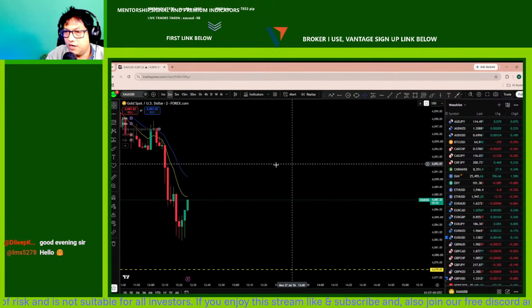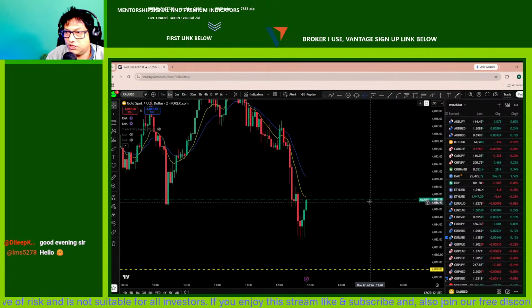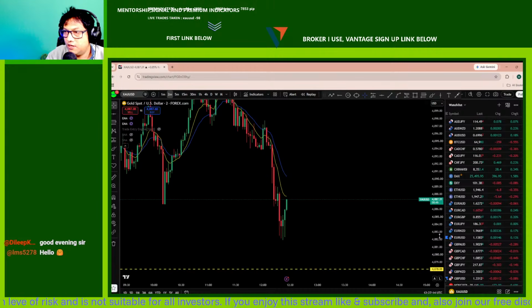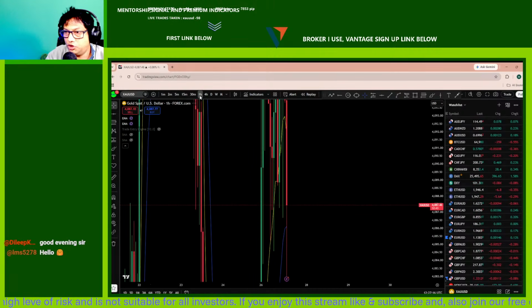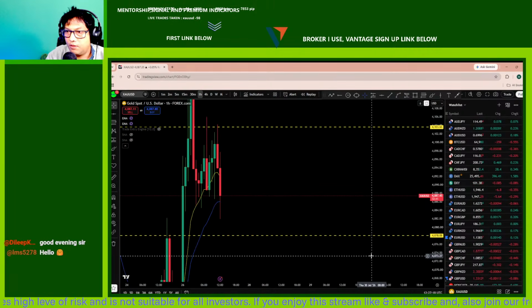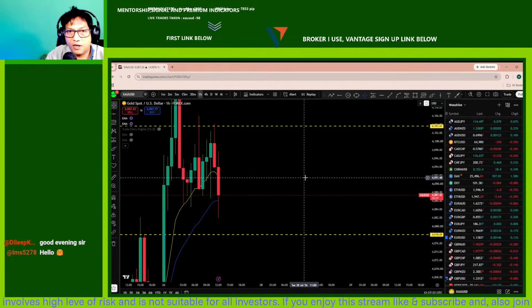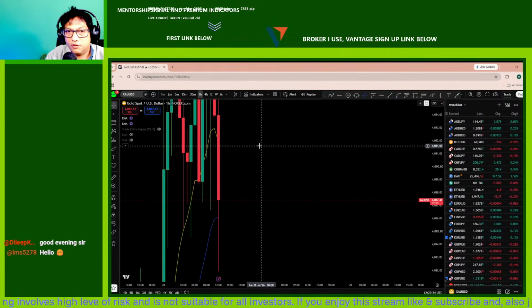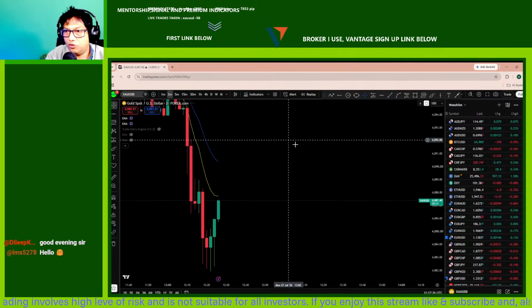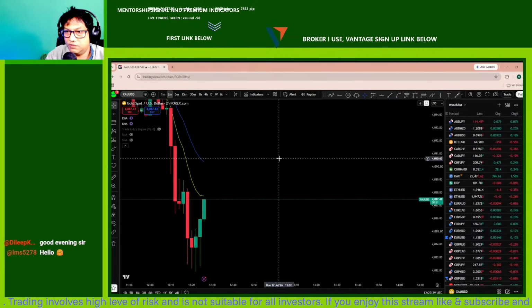Currently, after this drop, the price action has started to push back for another wave of potential move. We'll see if this is coming for another pullback or a continuation of this move in this market.